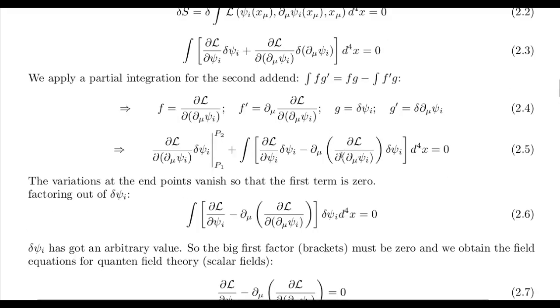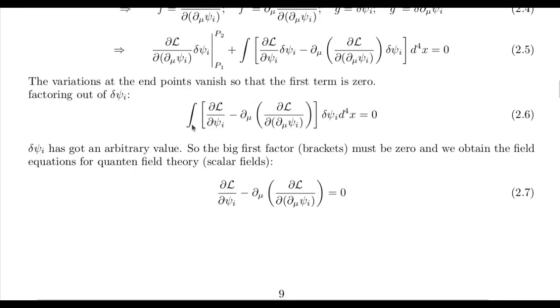Then we can write for the action integral, here 2.5. We have a part here out of the integral. At the endpoints P1, P2, the variation is vanishing. So this part vanishes. And here in the brackets we can factor out delta psi. So we get the expression 2.6 here.